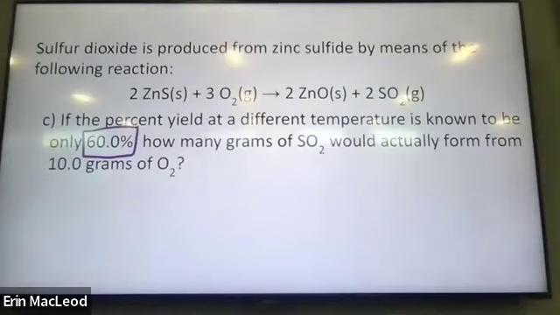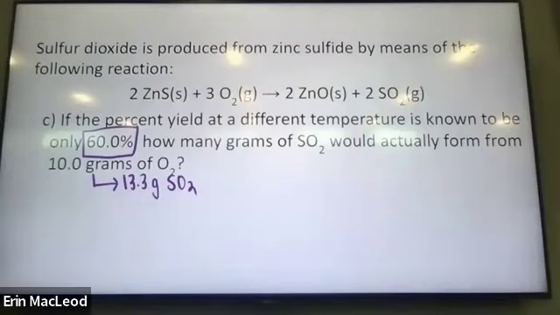Now, it ties back to the first calculation we did. We know that our 10 grams of O2 should make 13 grams of SO2, right? We figured that out back in part A. But that's if the reaction works 100%.